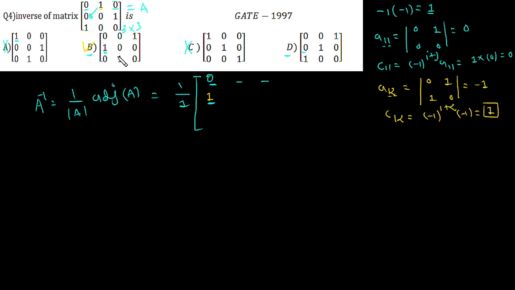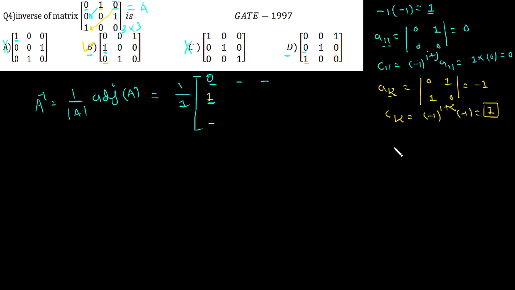Now you can also check the third entry for more clarity. Now here it is 1 and here it is 0. So again remember we have to take the transpose of the cofactor. So to find this element in the adjoint we have to find the cofactor of this 0, and after taking the transpose this minus will come here.